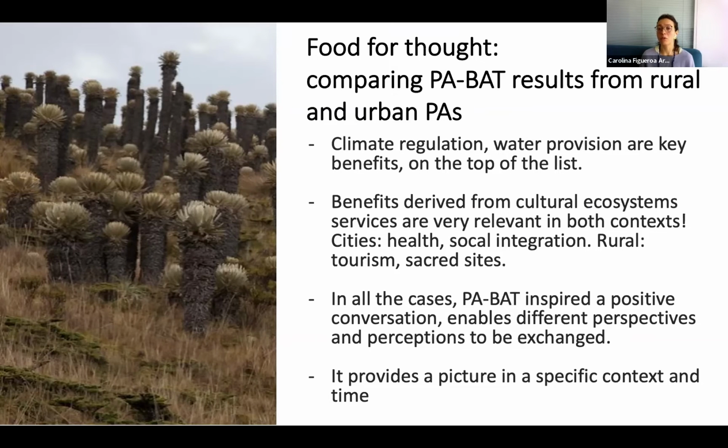Benefits derived from cultural ecosystem services are very relevant in both rural and urban protected areas. Here, health, social integration, and identity came as very important values, both in the conversation and in the final graphs. And for rural protected areas, tourism and sacred sites.